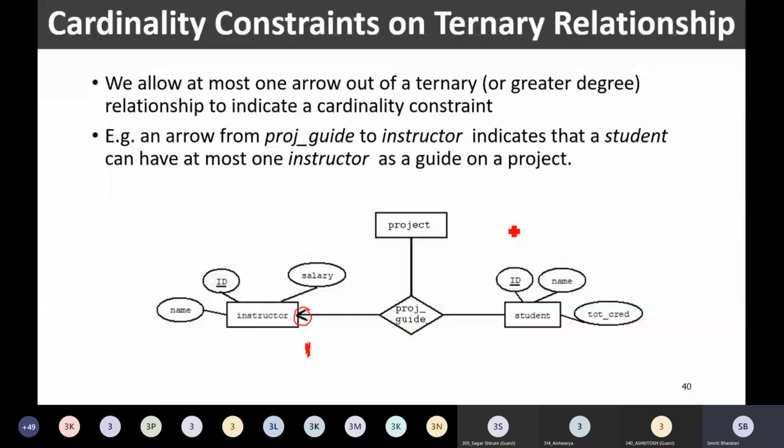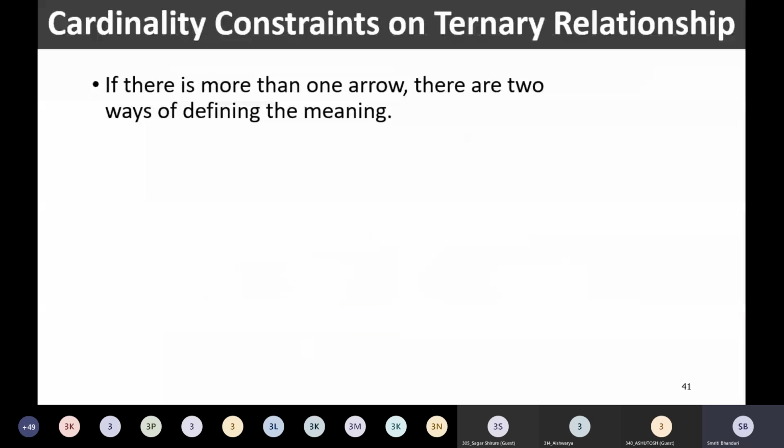Now, let us proceed with the other consideration. As I stated, usually we are having only one directed line, only one arrow, right? But it is not mandatory that we are having only one arrow. If we are having more than one arrow coming out from the particular ternary relationship set, then we may interpret it in different ways.